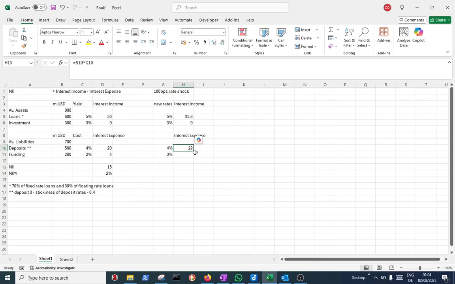Say 22, slightly higher expenses and higher funding. Overall, what we get here?